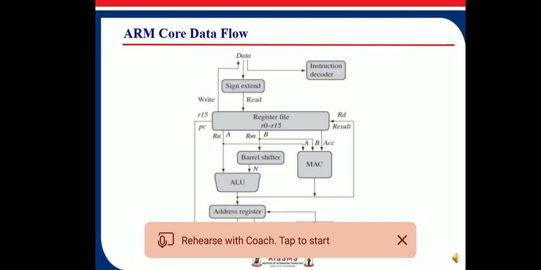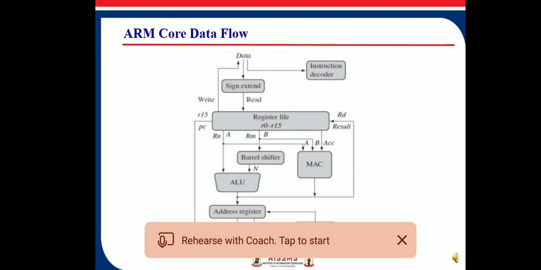This is in contrast with Harvard architecture, which uses two different buses. So what is the conclusion? Here the ARM processor is based on von Neumann architecture. Therefore data and instructions are transferred from memory to the core, meaning the processor, or from processor to memory, using the same data bus. There is no different data bus.